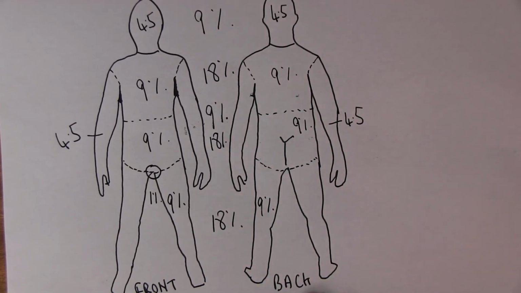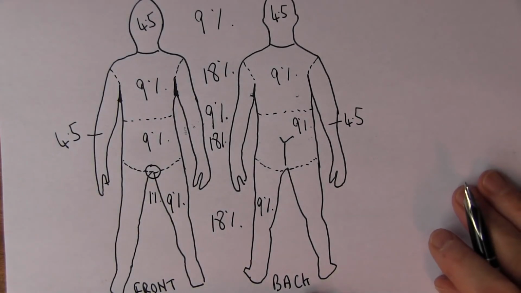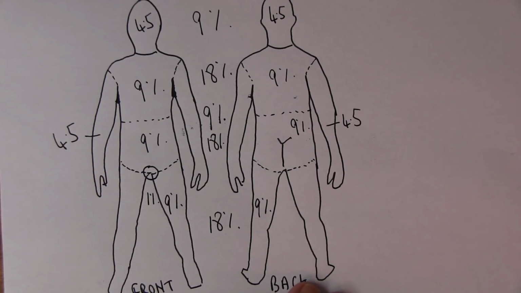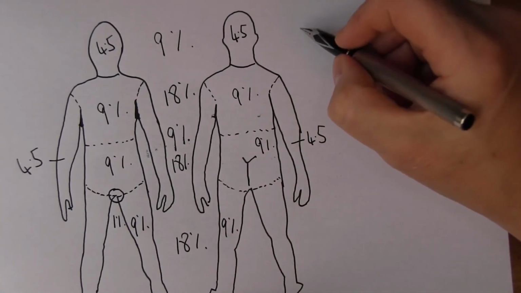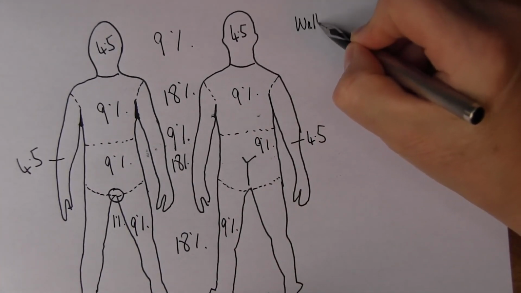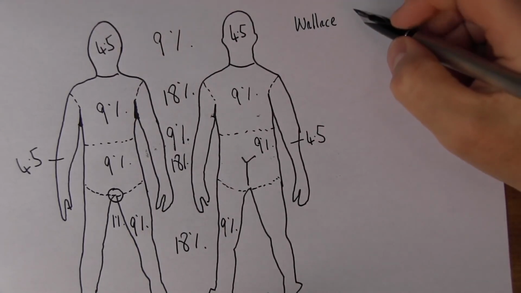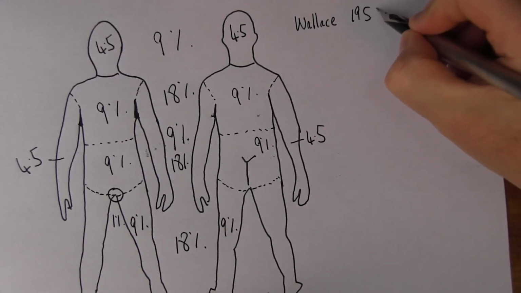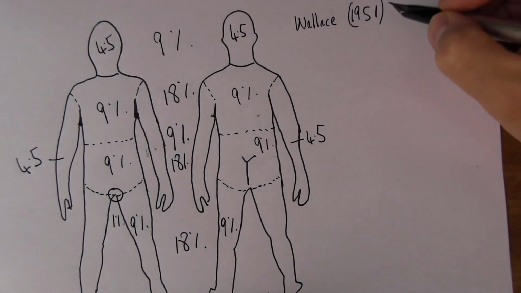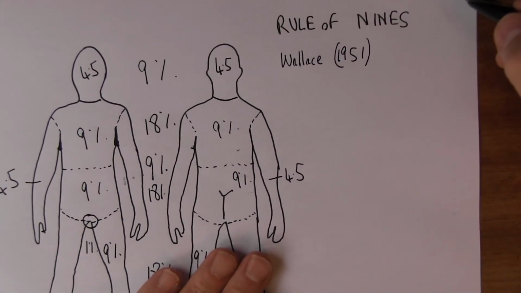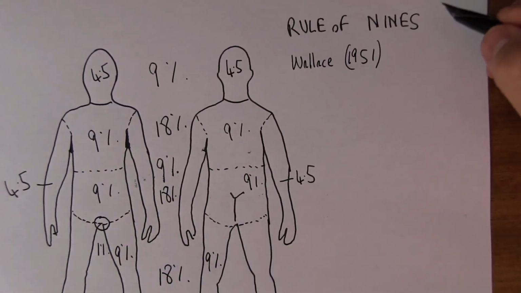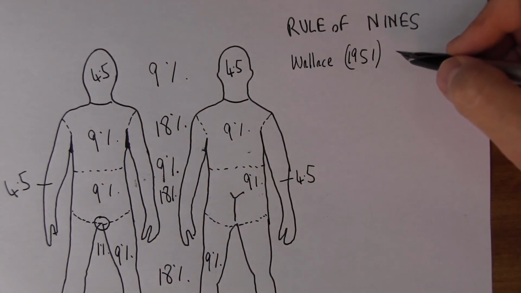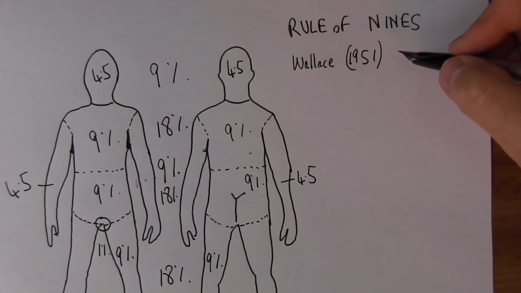But quite clever. Now, of course, I didn't work this out for myself. This is based on the rule of Wallace, 1951, published in the Lancet. Because, of course, we don't work these things out for ourselves. We only teach and practice because we stand on the shoulders of giants. In this case, Alistair Burns Wallace, appropriately named.